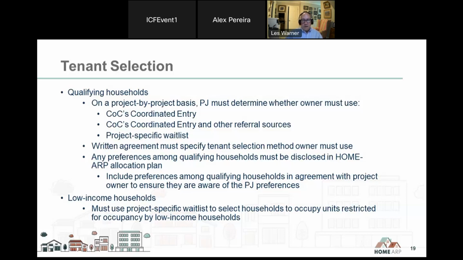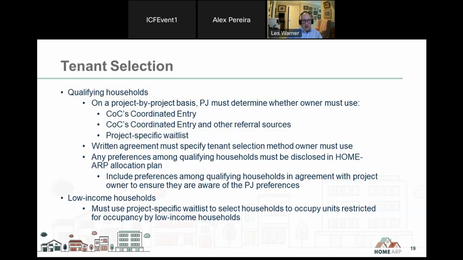If there are preferences that are being used in determining with the qualifying households, how do we determine who gets priority in this? Those would need to be identified and disclosed as part of your allocation plan, and that would be incorporated then into your tenant selection criteria that are going to be used as part of that. So that's for our qualifying households.